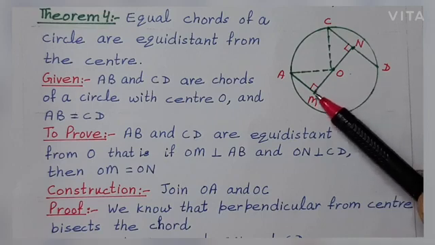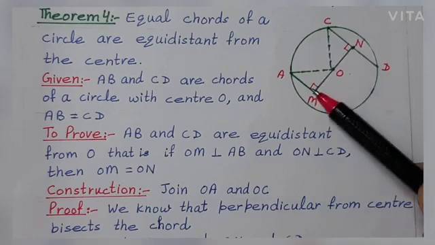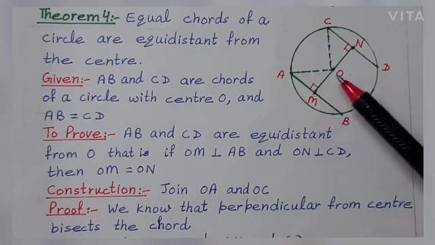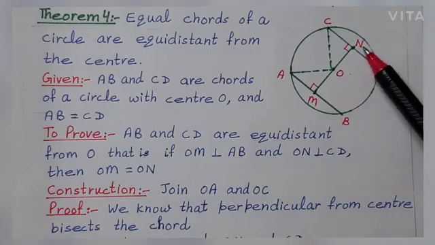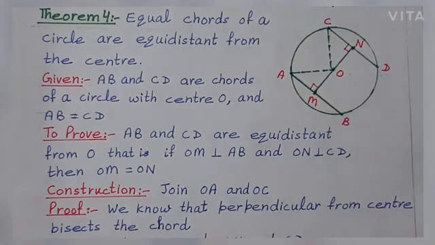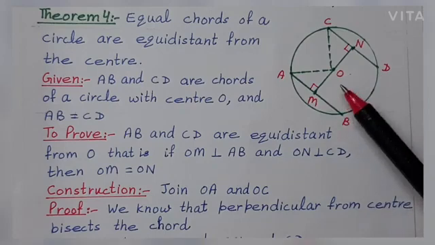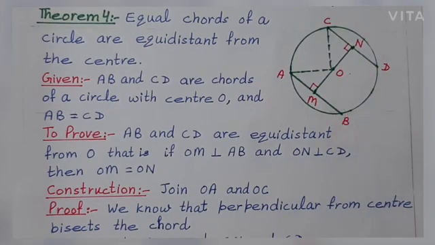So, by RHS, the two triangles are congruent. Hence, OM equal to ON by CPCT. So, hence the theorem. I hope you understood. So, students, remember, equal chords are equidistant from the center of the circle.